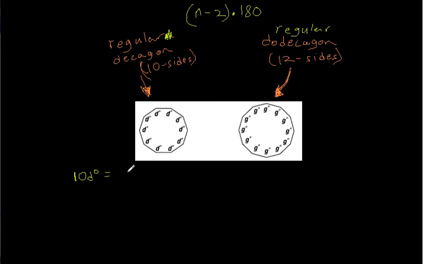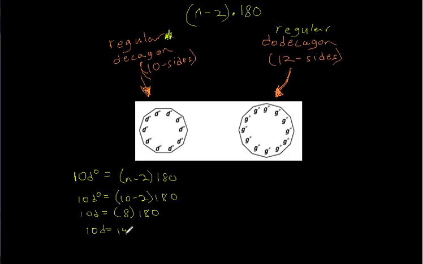10d degrees equals n minus 2 times 180, and remember n equals the number of sides, so 10d degrees equals 10 minus 2 times 180. 10 minus 2 is 8, so 10d equals 8 times 180, which equals 1440 degrees.